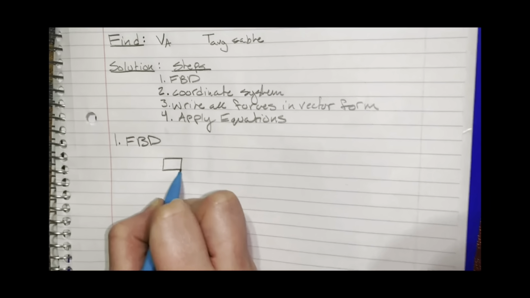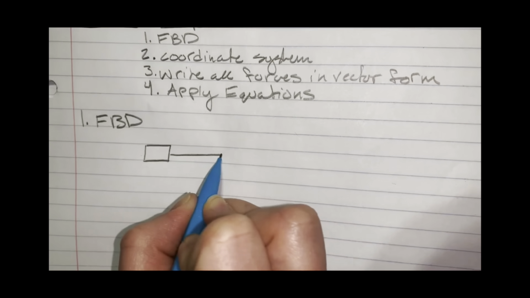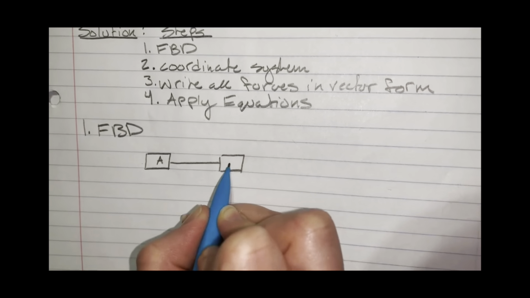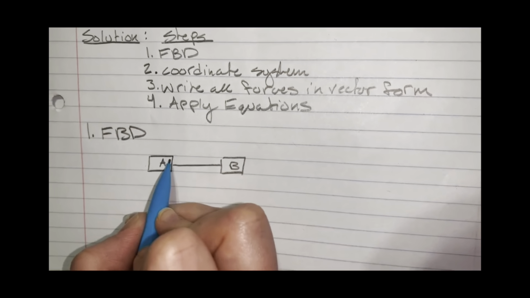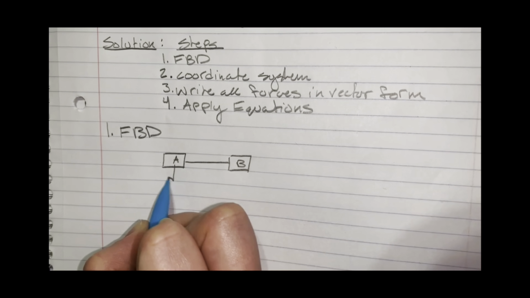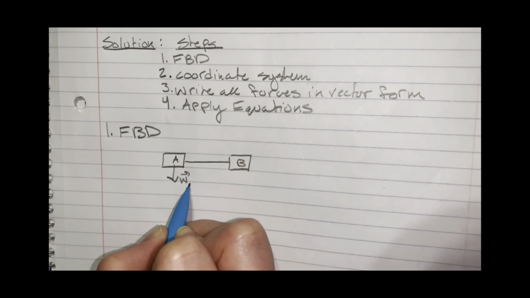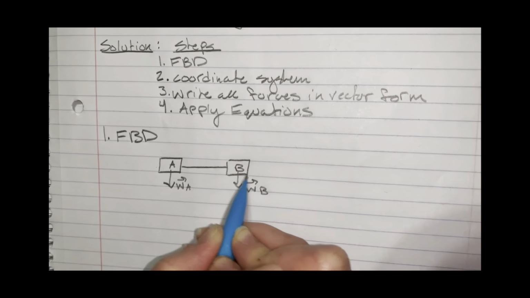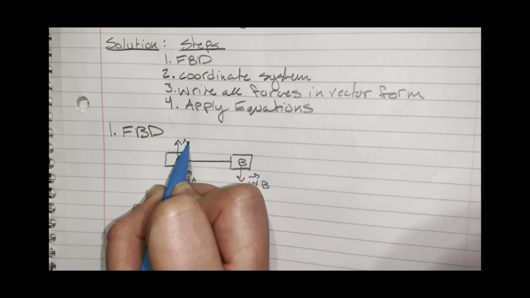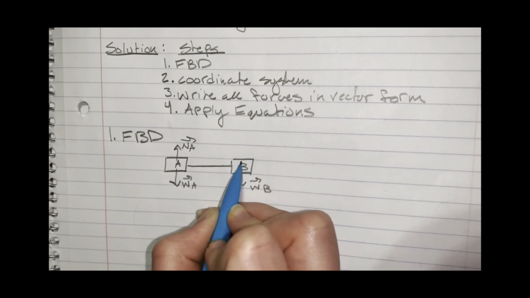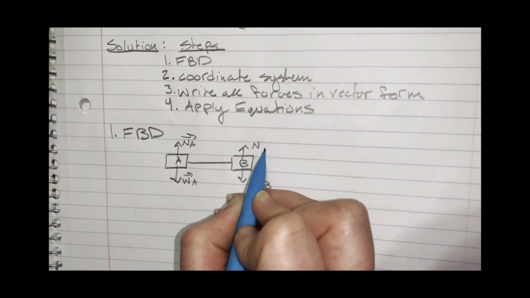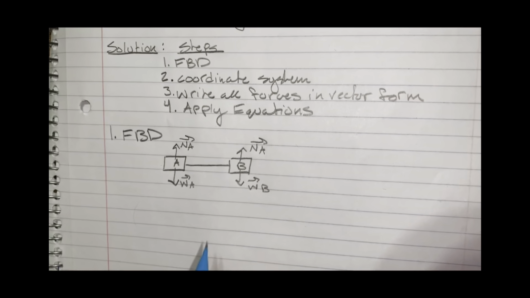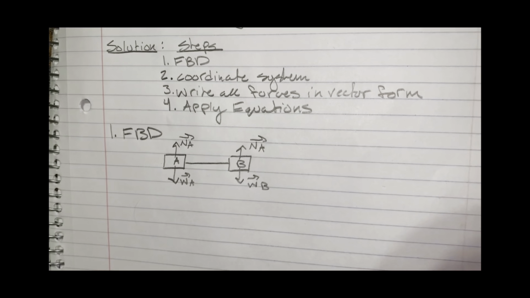So for the one where it's the internal force, we'll have our 2 masses set up, mass A and mass B. Each one has a weight force on it pointing down, and each also has a normal force. There's no friction in this problem, so these are the only 2 forces acting on them if our cable is an internal force.